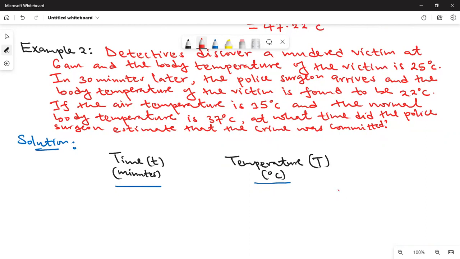So you see, we don't know when the murder took place. So when time is equal to 0, we expect that the normal body temperature of the victim is 37 degrees centigrade.